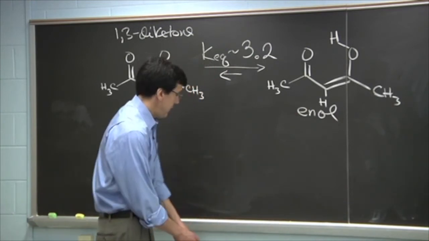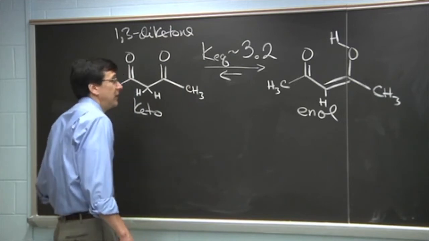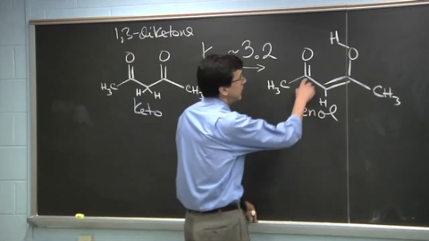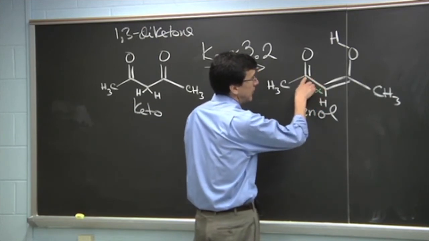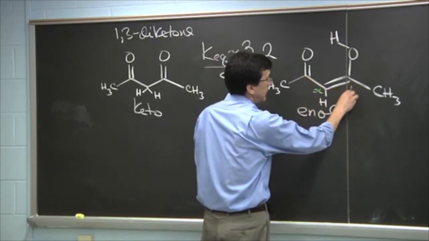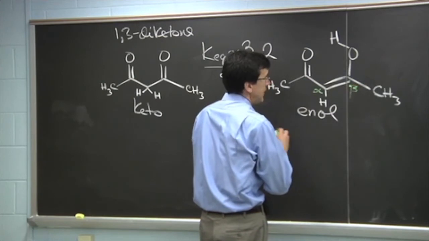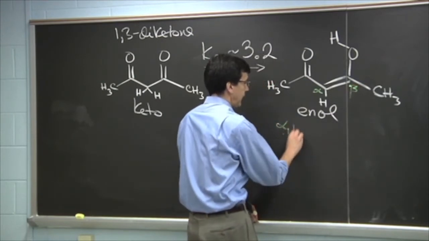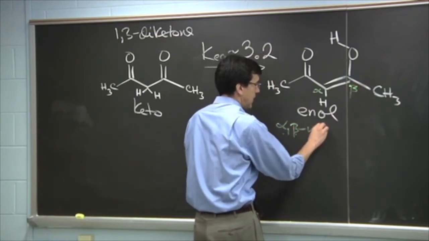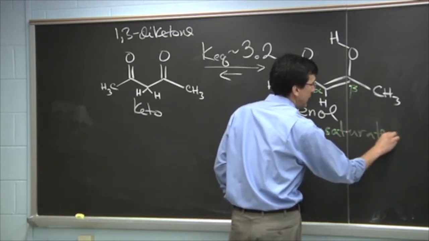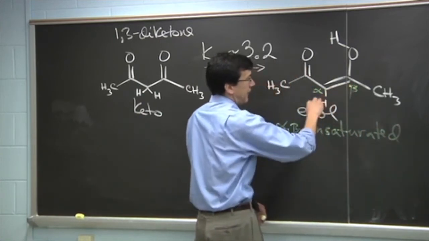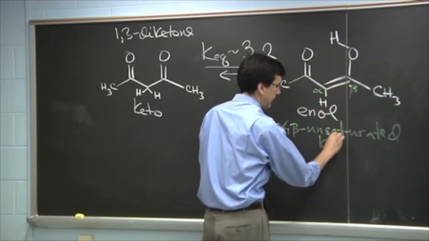Well, one thing we might note is that this enol form, here's the carbon alpha to the ketone carbonyl, and here is the carbon beta. And so this is an alpha-beta unsaturated, that is, there's a double bond between the alpha and beta positions.